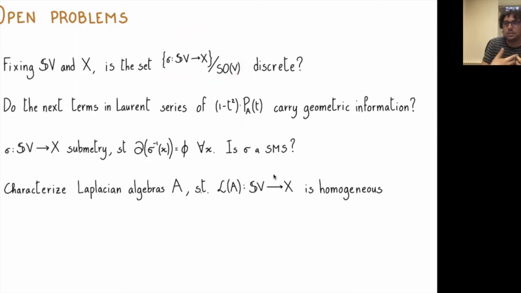Once again, the idea would be to look at this problem in terms of the Laplacian algebra. Instead of looking at this, you can reformulate the problem in terms of deformations of Laplacian algebras. And this has been the object of some tentative work of mine with Ricardo, which seems to be a little bit too hard at the moment.